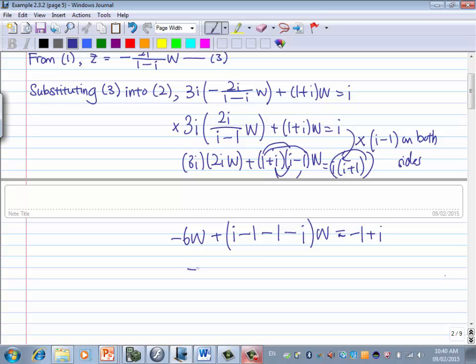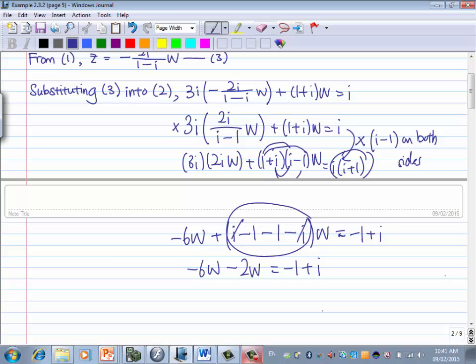So now negative 6w. This one will just simplify to negative 2 because the I will cancel with this one here. So minus 2w equals to negative 1 plus I. I times I minus 1.